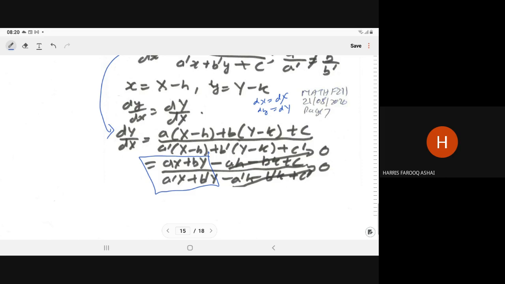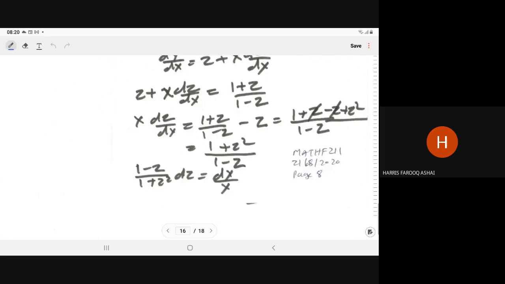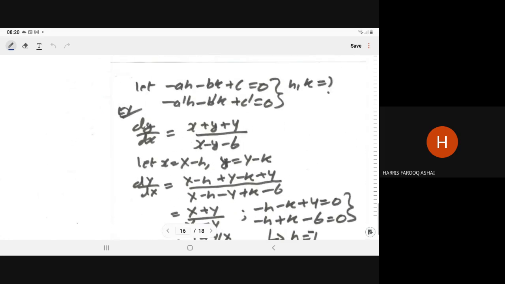If we assume that this part is equal to 0, then our equation will reduce to the homogeneous equation.